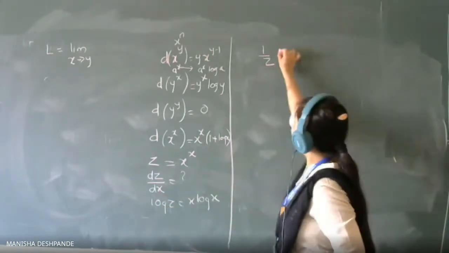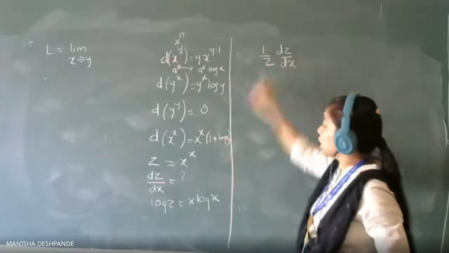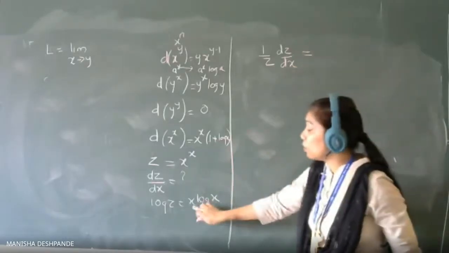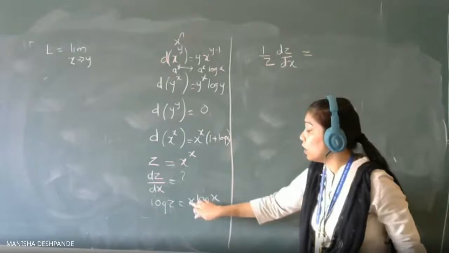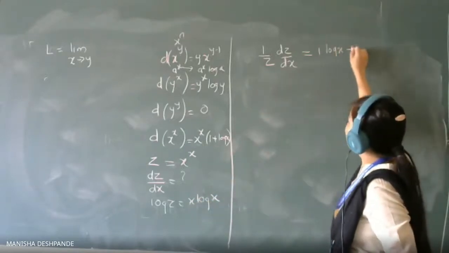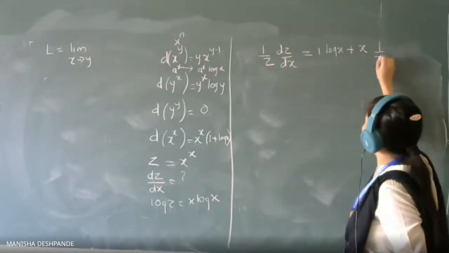Then you have to take derivative of z with respect to x. समझ आया? z आएगा. So log का derivative 1 by z, z का derivative with respect to x. Right hand side, you have to use u into v rule. So take the derivative of x, which is 1, log x as it is, plus x as it is, derivative of log x is 1 by x.